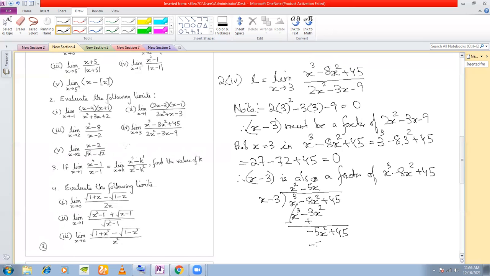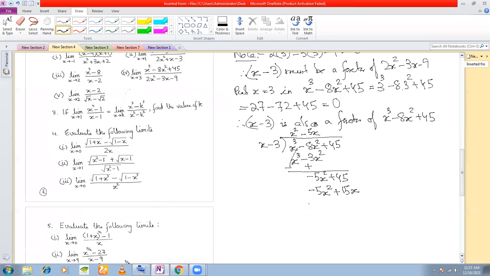Multiply by minus 5x, you get minus 5x square plus 15x. Right? So again, if you subtract, this cancels. So you get minus 15x plus 45. Now you need to multiply x minus 3 by minus 15. So you get minus 15x plus 45. So it divides completely.